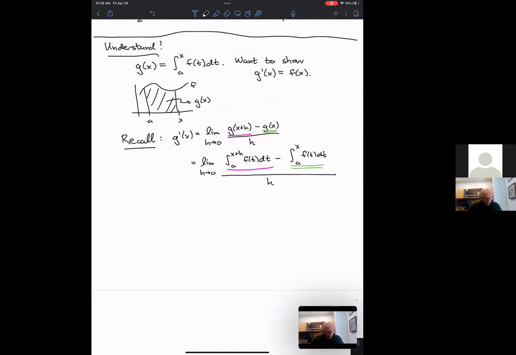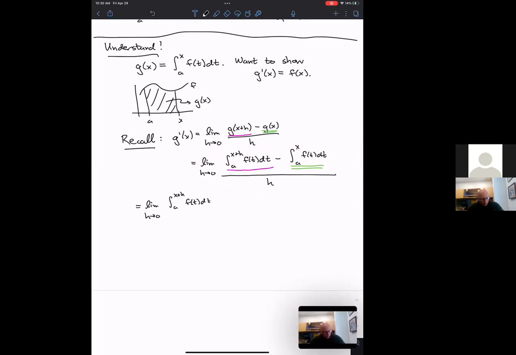Now, maybe what you are wondering is how do I make any progress from here? Well, what I notice is that I have the difference of two integrals, and I have a lot of rules that let me manipulate and combine integrals. So let me recall some of those properties. So this whole thing equals the limit as h approaches 0. The first integral I'm going to leave alone.